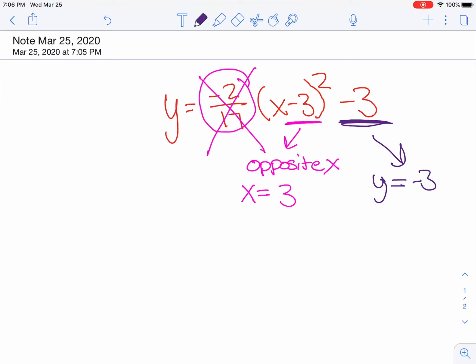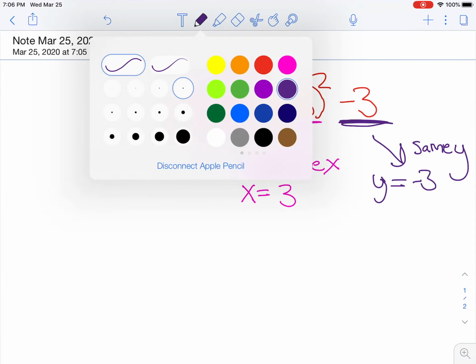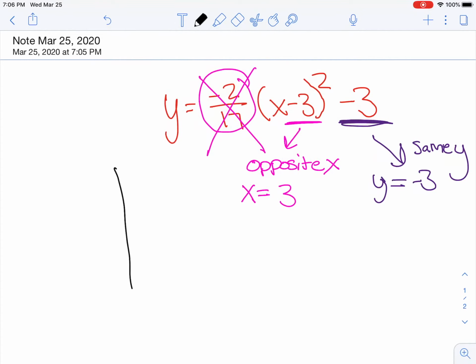So my y is going to equal -3 because I'm looking for the same y. So if I had to graph this right now in a little sketch, I would know that this is located at 3, -3. That would be my vertex.